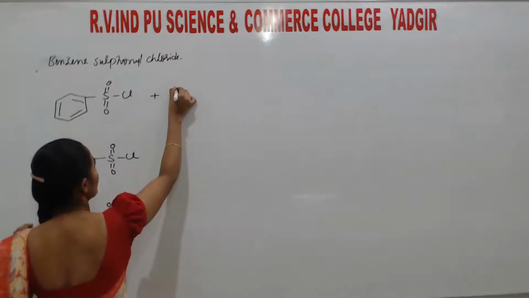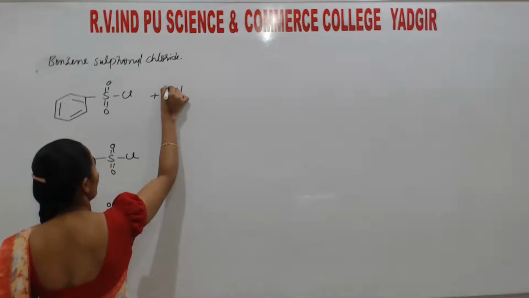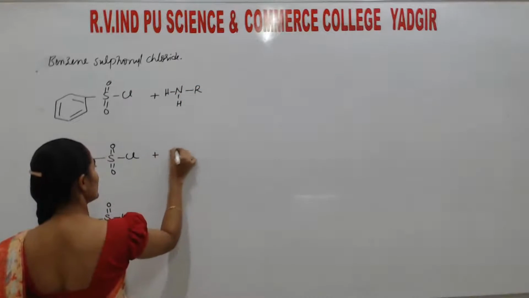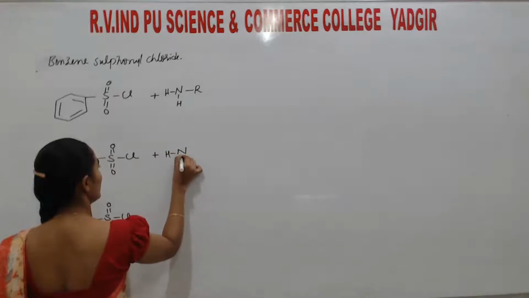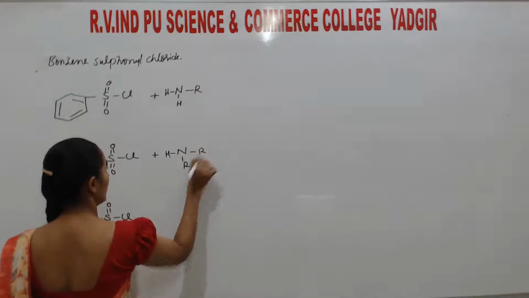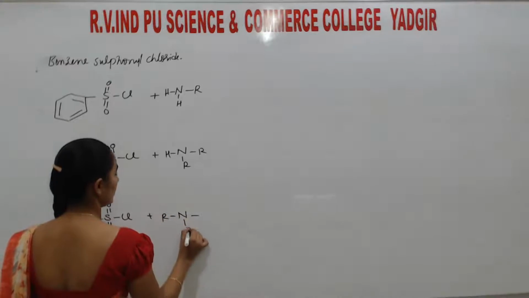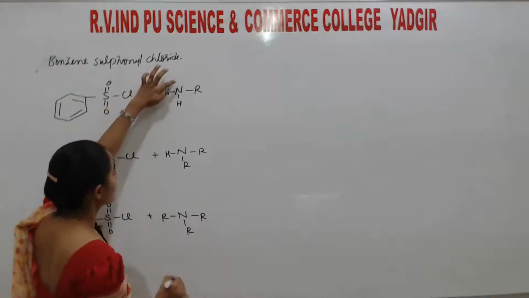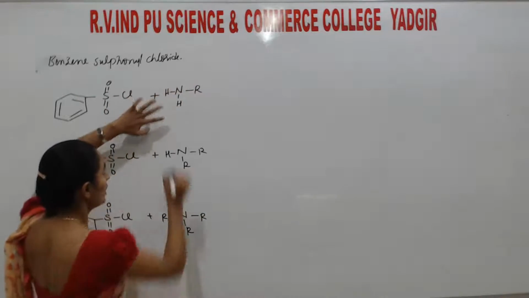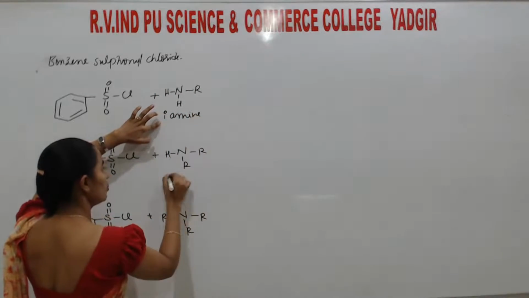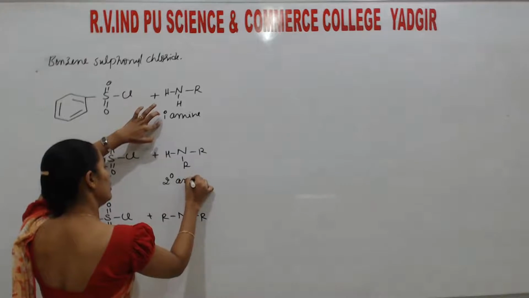If it is treated with primary amine means NH2R. This is secondary amine, and this is tertiary amine. If nitrogen is got into 1R, primary amine. If nitrogen got into 2R, that is secondary amine.